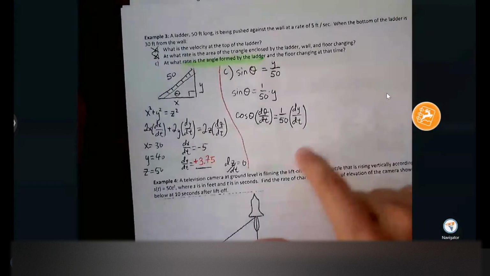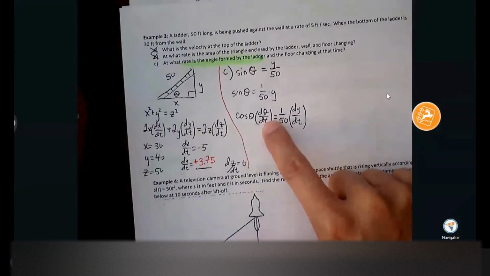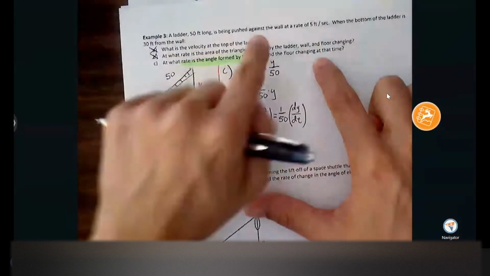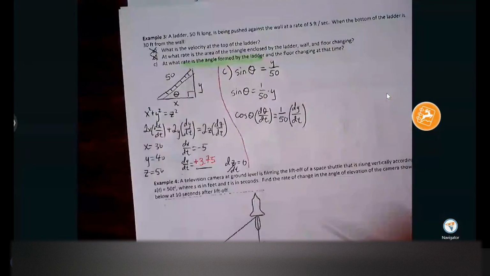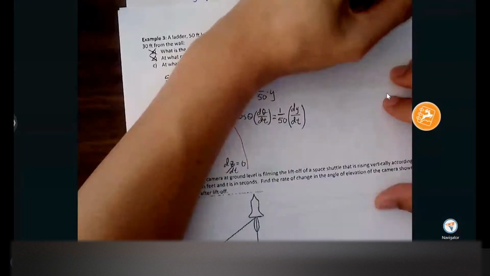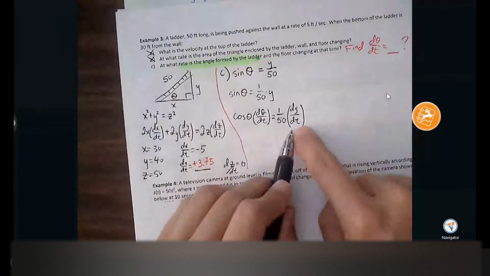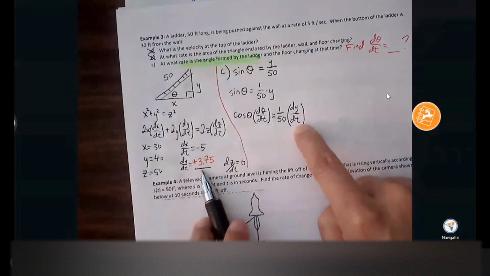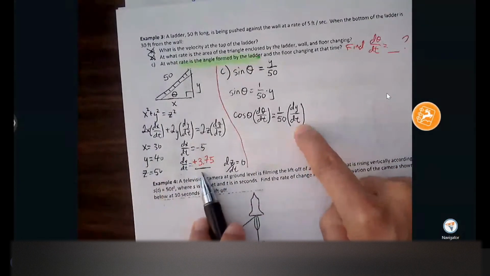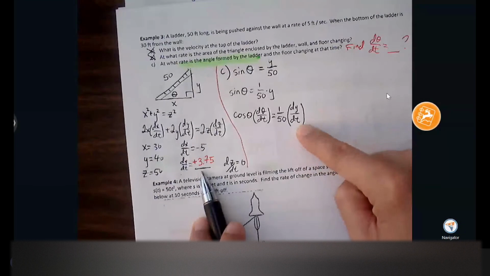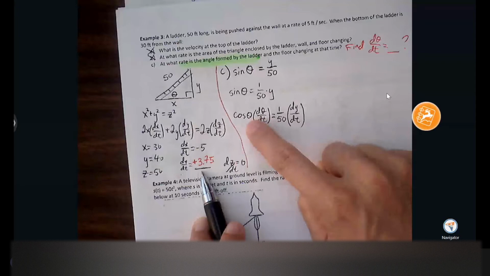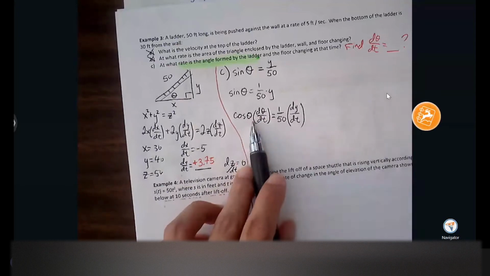So if we look here, we're trying to solve for d theta/dt, right? We're trying to look for the rate of change of the angle measure. dy/dt was from part A that we skipped over. I kind of fast forwarded through that process, but dy/dt is 3.75. But we're missing this cosine theta, right?